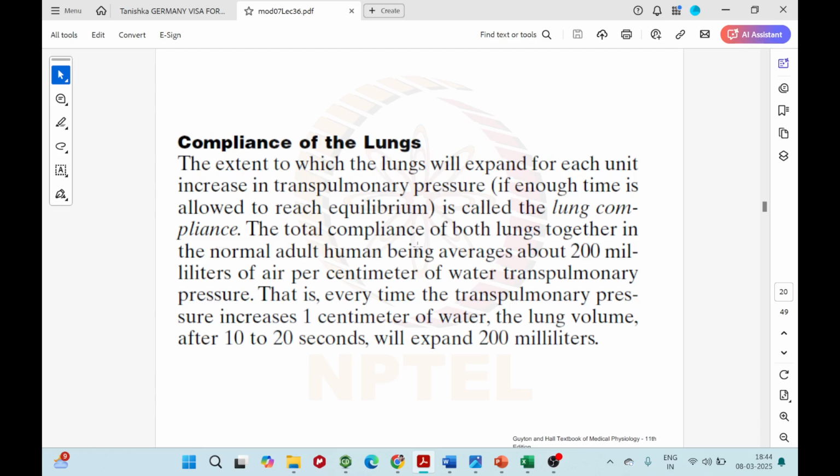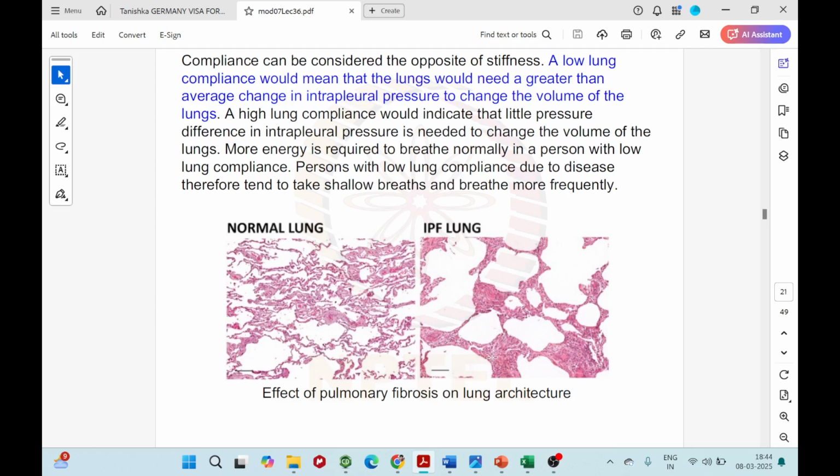The total compliance of both lungs together in a normal adult human being averages about 200 ml of air per centimeter of water transpulmonary pressure. So every time the transpulmonary pressure increases 1 centimeter of water, the lung volume after 10 to 20 seconds will expand 200 milliliters. This is the compliance of lung.